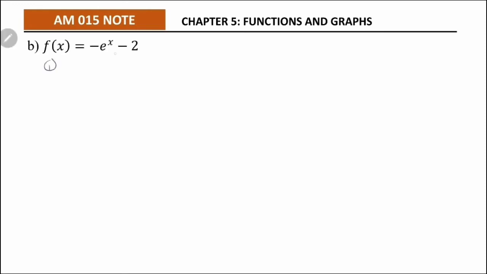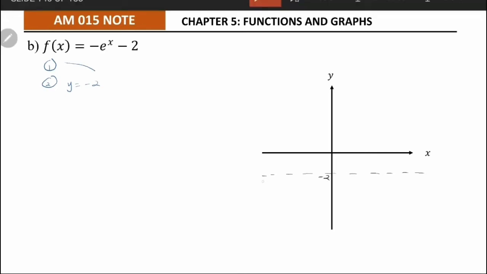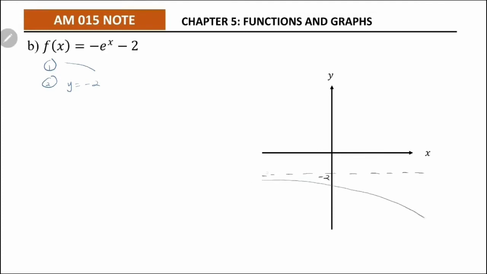Next example, f(x) = -e^x - 2. The shape is negative e with positive x, going down, and the asymptote is at y = -2. Sketch the graph. The asymptote is at y = -2, and the graph goes down from negative x. The graph cannot cross the asymptote. So this is f(x). f(x) crosses the y-axis at x = 0, y = -e^0 - 2.